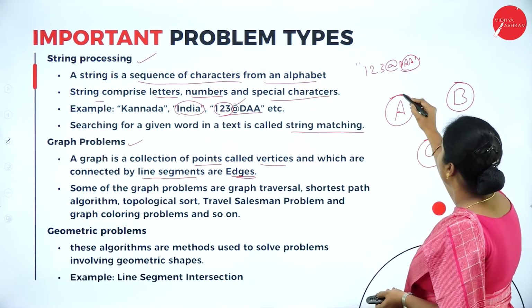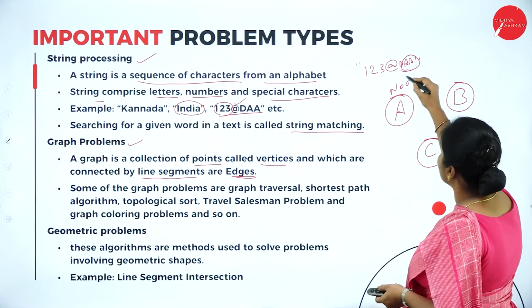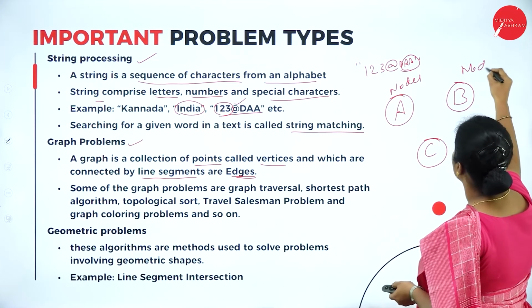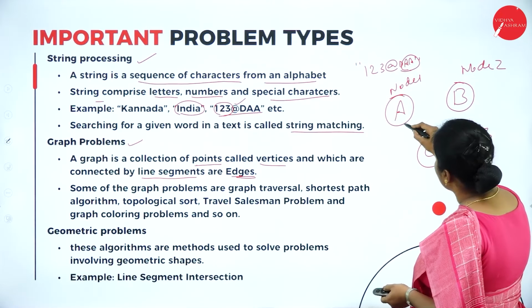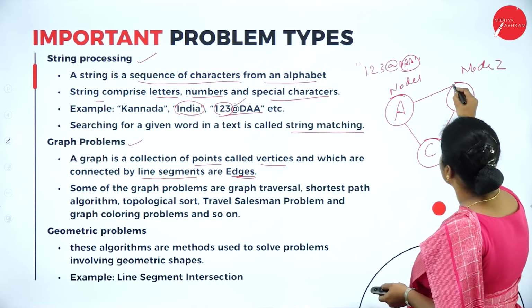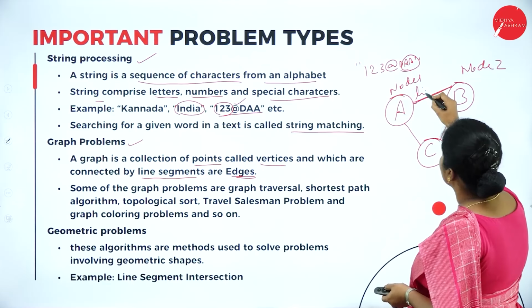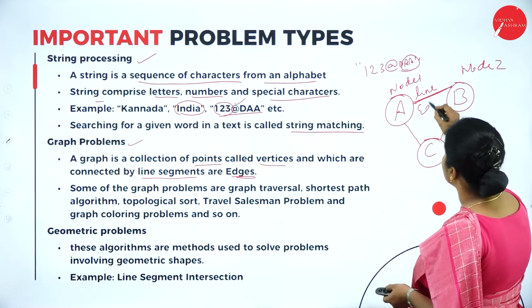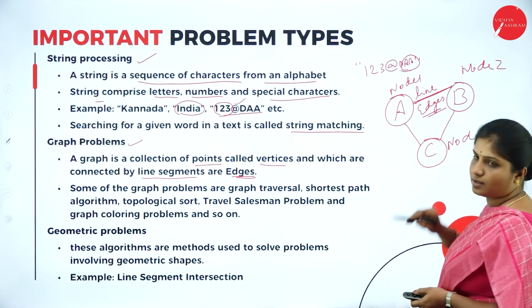I have 1, 2, 3, that is A, B, C as my nodes: node 1, node 2, node 3. I have connecting lines from A to B, B to C and C to A, isn't it? These line segments are called edges.